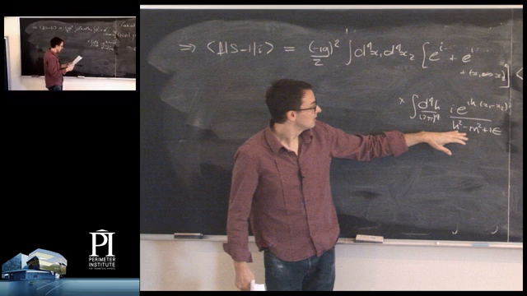Then we do the x1 integral to get a delta function, and we do the x2 integral, and we also get a delta function. So we get two delta functions from doing these two integrals, and we're left with this. And then one of those delta functions allows you to do this integral.